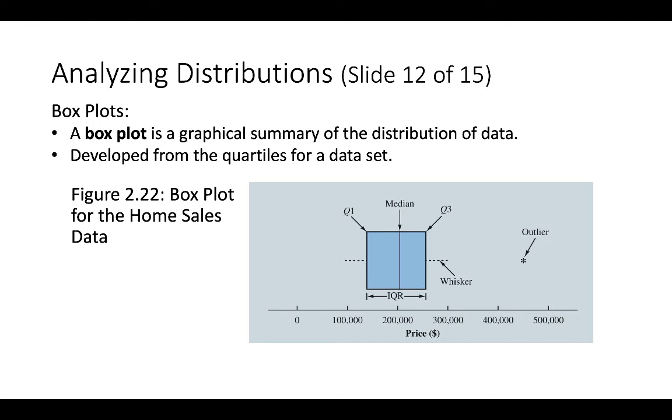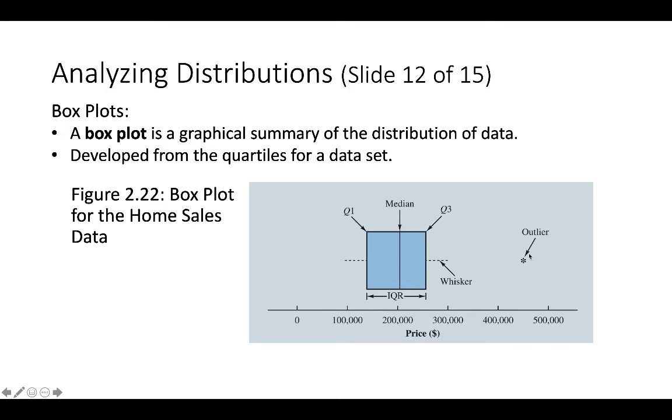And the upper limit is $256,625 plus 1.5 times the IQR, which is $433,062.50. So data outside this limit are called the outliers.